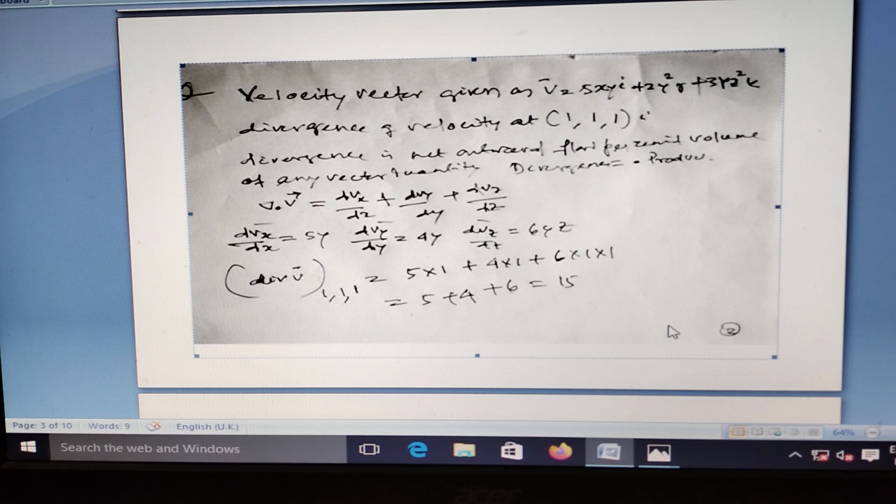Then Green's theorem. We will discuss Green's theorem at the time of the problem.